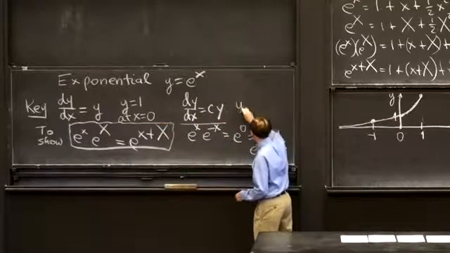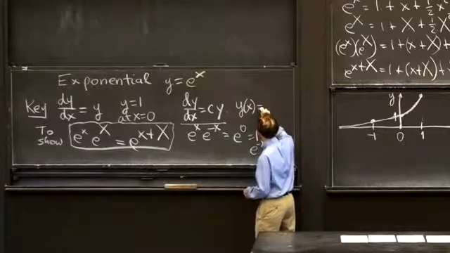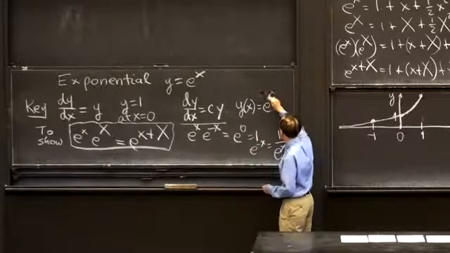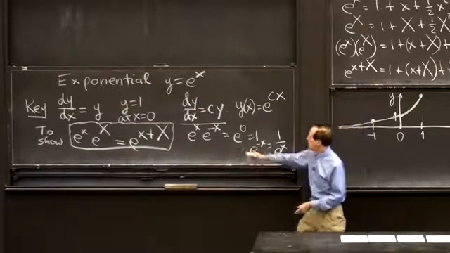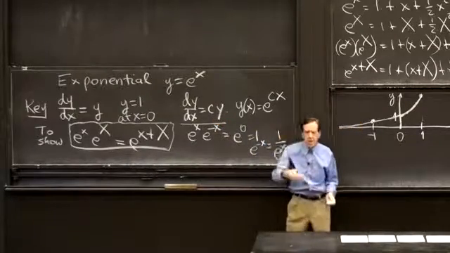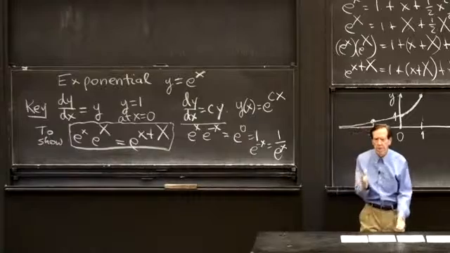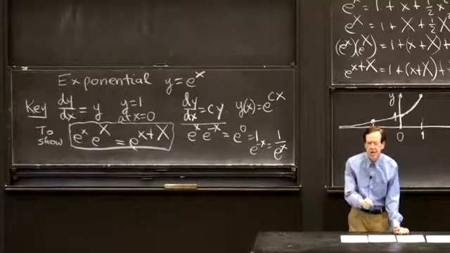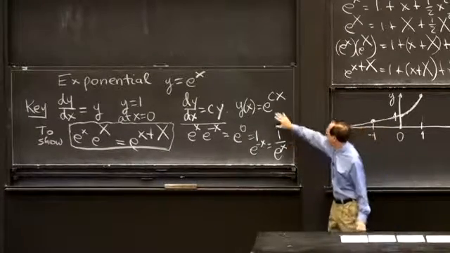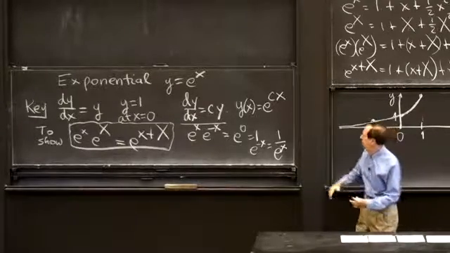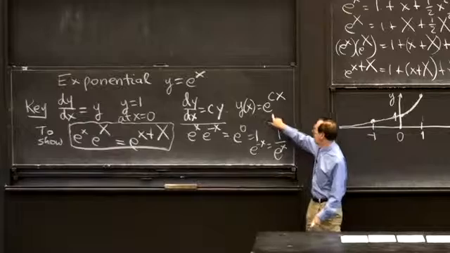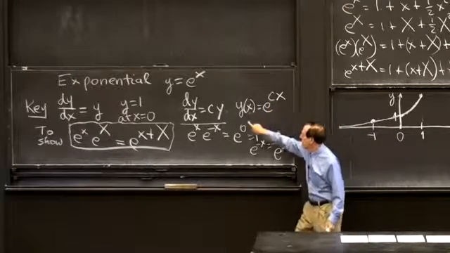The solution to that one is y of x is e, e's coming in again, to the cx. What I'm doing is making the rate of change c. And then that c is going to come up there, and in the derivative, the slope of this guy, that c will come down.